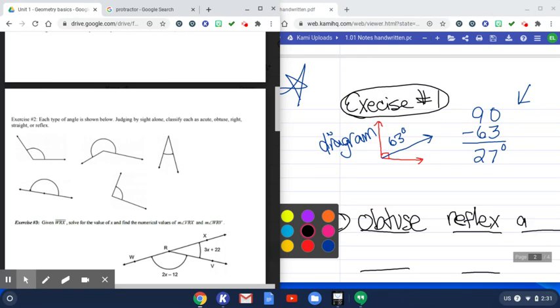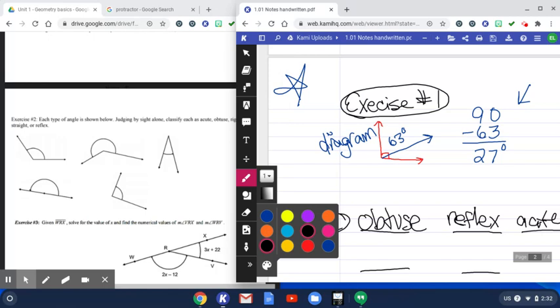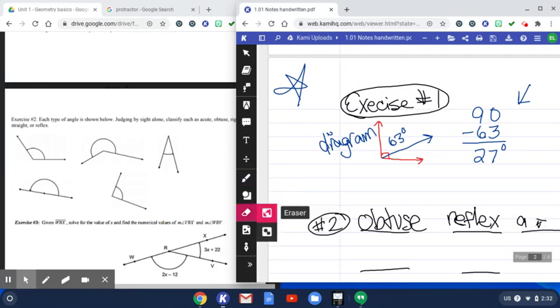That's going to be an acute angle. Acute. My handwriting is not so great on that. I'm sorry. Acute. And it helps if it picks the pen back up.